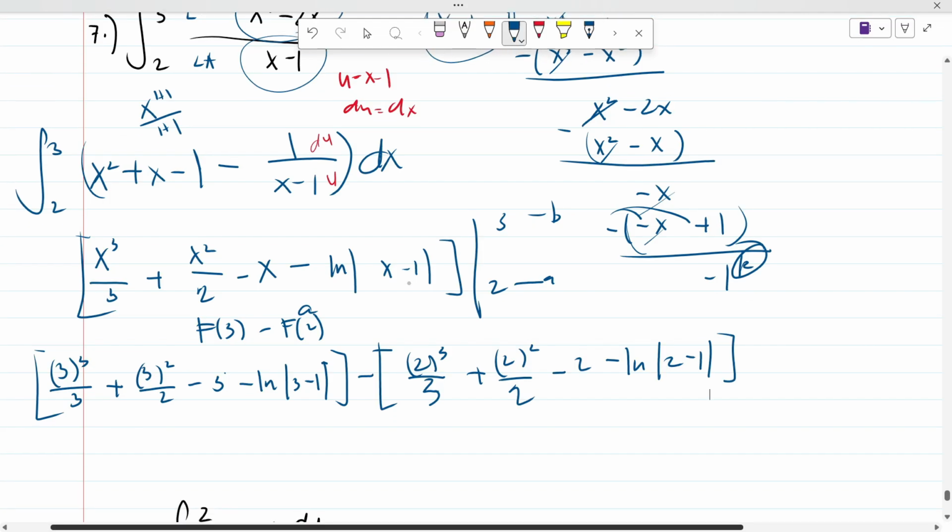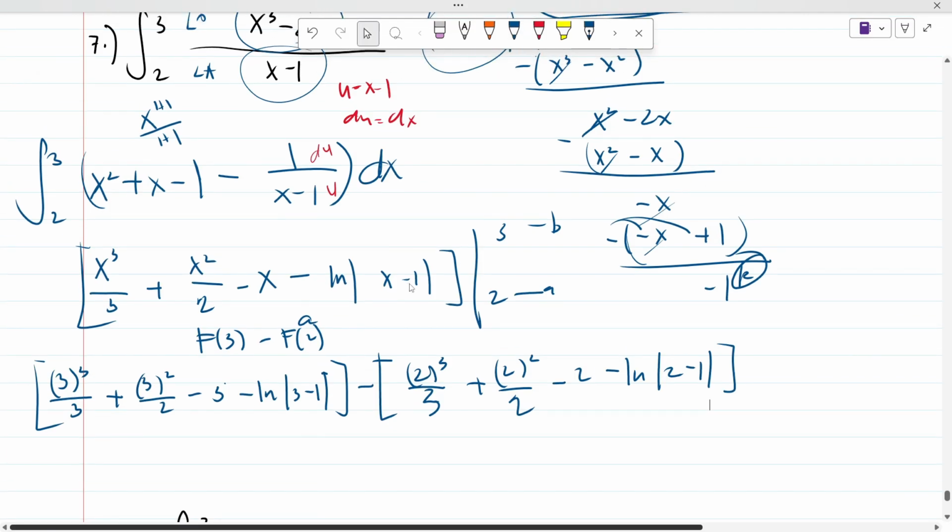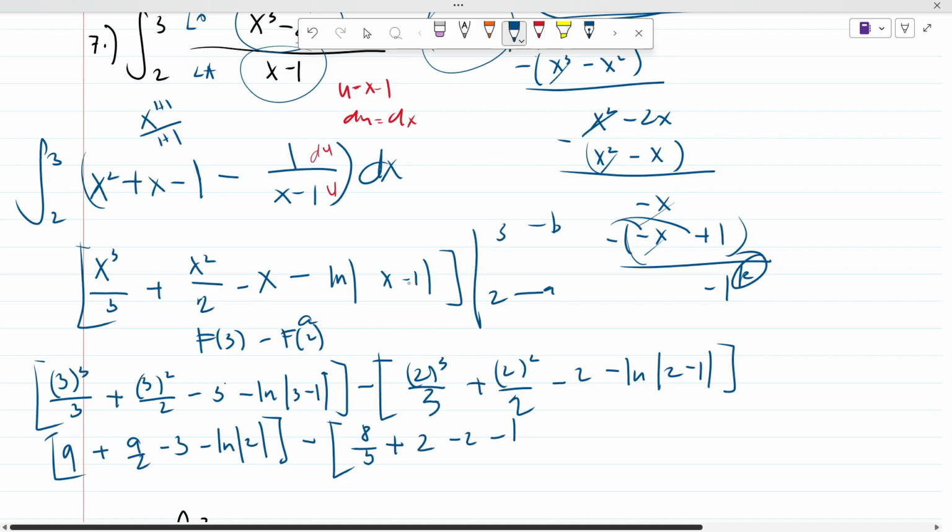Oh, game. Proceed tayo sa kabila. So, 3 cube all over 3 is equals to what? So, 3 cube is equals to 27. 27 divided by 3 is equals to what? 9. Wait, sana 9 plus 9 all over 2 minus 3 minus ln of 2 minus this will be 8 all over 3 plus 4 all over 2 is 2 minus 2 minus ln of 1.